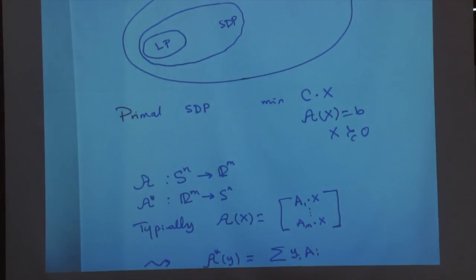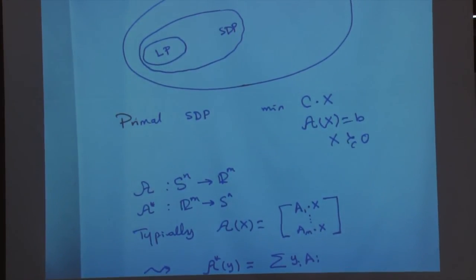Observe that if you were to take the matrices and convert them into columns, A star and A are kind of transposes of each other. So that's the semi-definite programming dual.